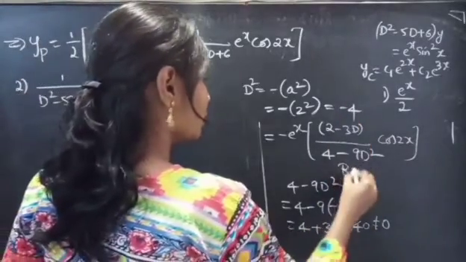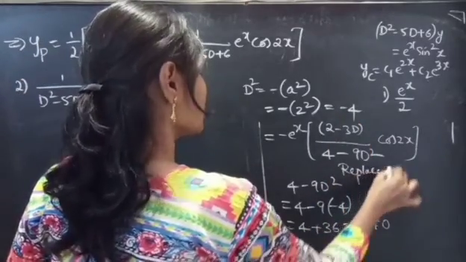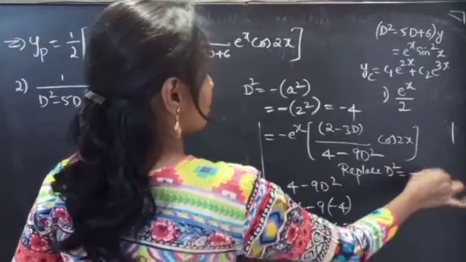So what will we do here? We'll just replace d square by minus 4.